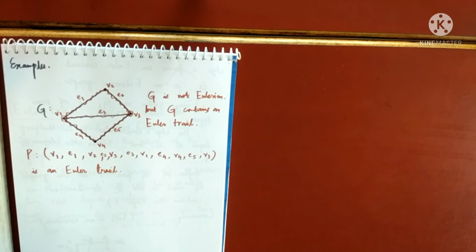When will it have an Euler circuit? When the degree of all the vertices is even. That means you can draw the figure without picking up your pen, starting and ending at the same point. And if it contains exactly two odd degree vertices, then also you can draw that figure without picking up your pen, but you start at one odd vertex and end at the other. Did you understand my point?